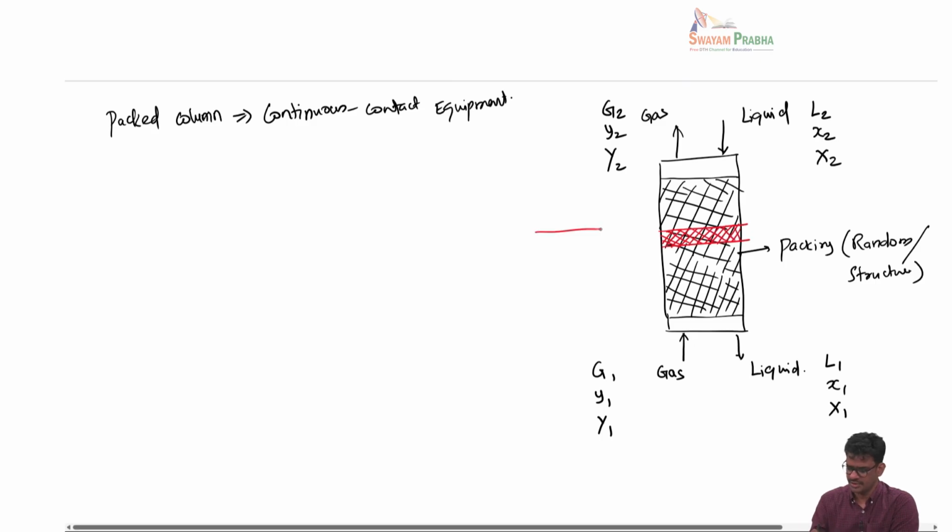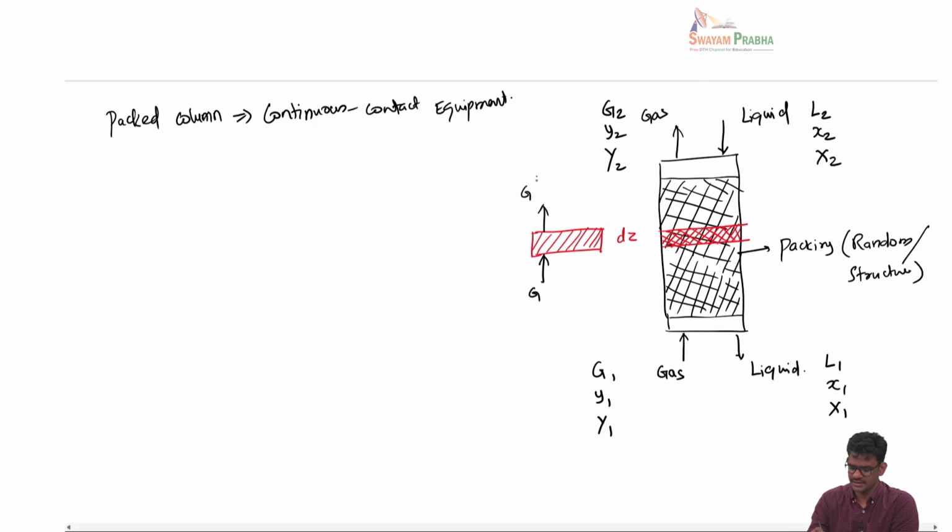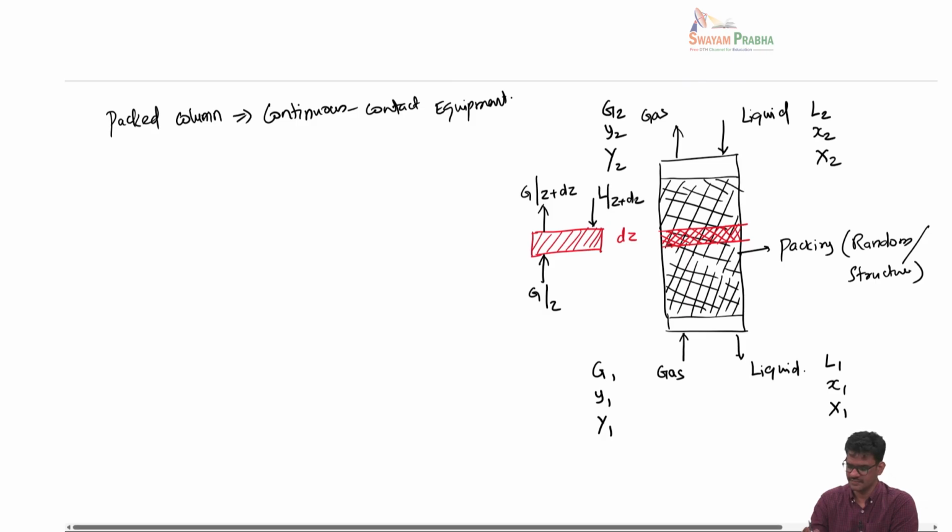Now take a particular section in this column with a height equal to dz. So this would be G at Z, and this would be G at Z plus delta Z. Similarly, the liquid is coming in at Z plus dZ, and L is leaving at Z.